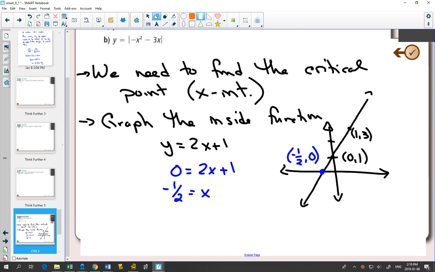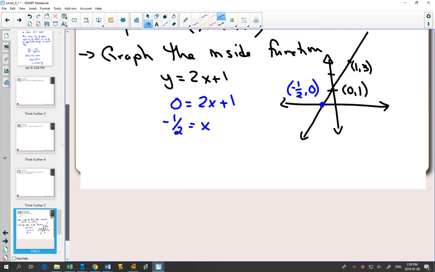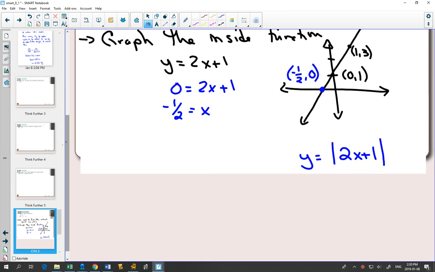Just a review from yesterday. Yesterday we practiced graphing absolute values. So if I wanted to graph the absolute value of 2x plus 1, it would look very similar to the graph above. You would have this critical point at negative 1/2 comma 0.